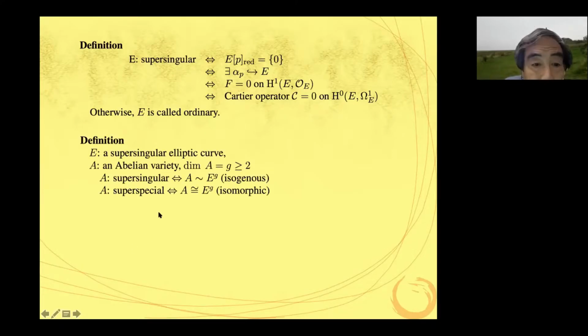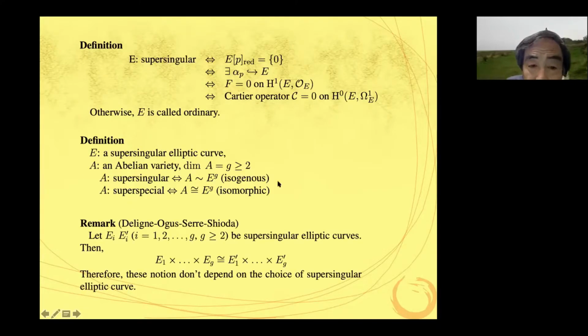The next definition: we consider an abelian variety A, and let E be a supersingular elliptic curve. If A is isogenous to E to the G, then A is called supersingular. And if A is isomorphic to E to the G, then A is called superspecial.